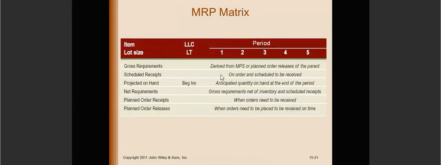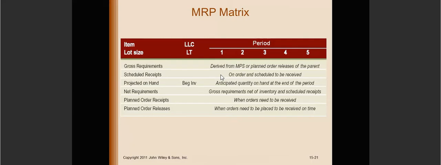For example, here we have an MRP table. The gross requirement is information that we derive from the MPS or the planned order release of the parent item. The scheduled receipt is about what is on order or scheduled to be received. The projected on-hand inventory is the current status of inventory.